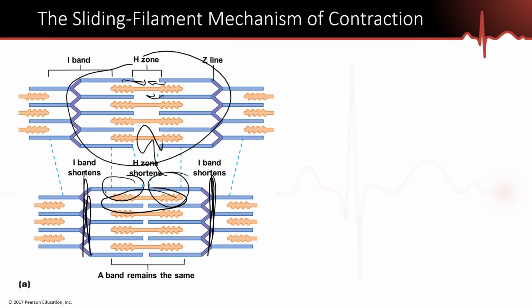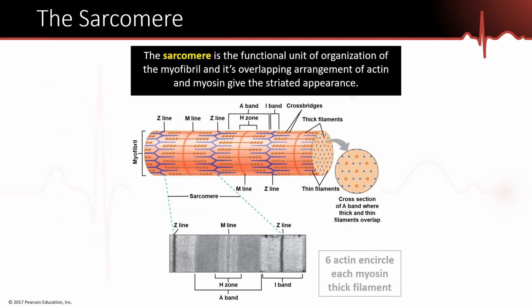And it's because of the fact that the myosin heads are continuously pulling the actin filaments towards the M line and thus shortening the sarcomeres themselves. So I'm just going to make a broader point that I think everybody can understand.